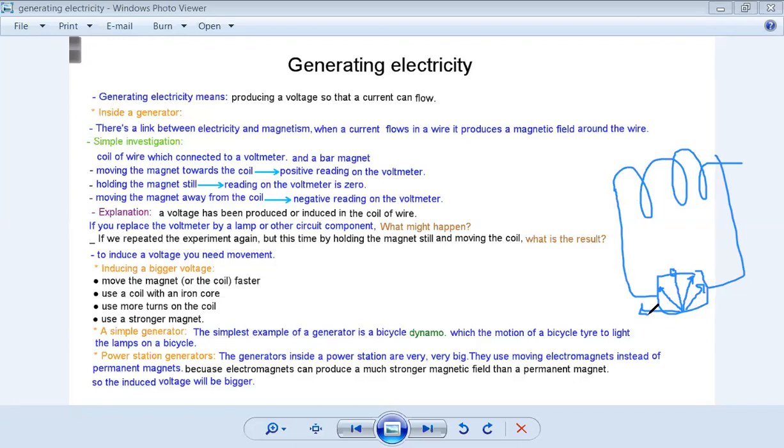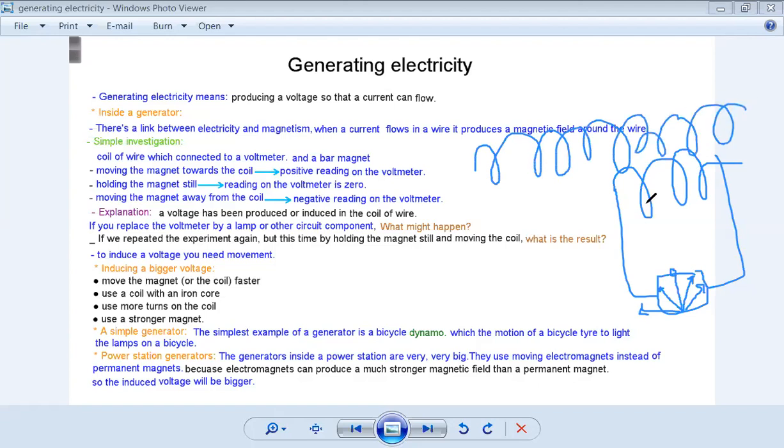This iron can conduct more electricity, so it will be good. Or we can use more turns of the coil. Here, we can make more loops.